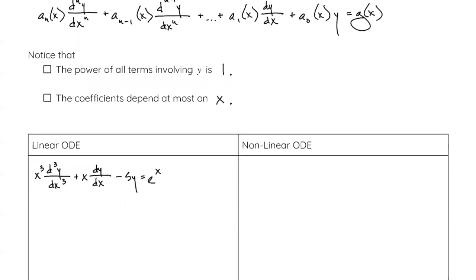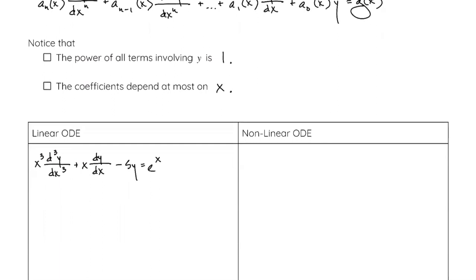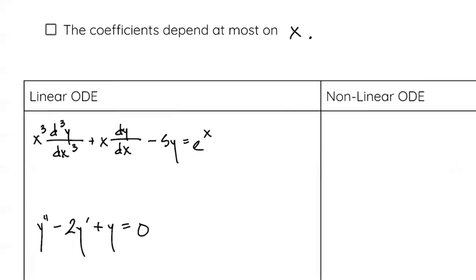Okay, but let's maybe give a second example and see. So something like this would also be considered a linear differential equation. So y double prime minus 2y prime plus y equals 0. Okay. So in this case, what is the coefficient function of y double prime?